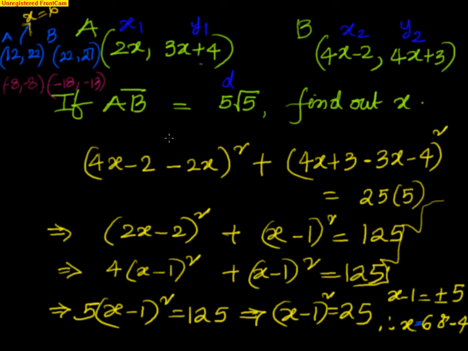Once we were able to find the approach, we made it generic and found that the distance between 2 points with coordinates x1 comma y1, x2 comma y2 can be given by square root of x2 minus x1 whole square plus y2 minus y1 whole square. Nothing but distance between 2 points is square root of their horizontal distance square plus their vertical distance square. After that, we did a couple of sums to apply the concept.